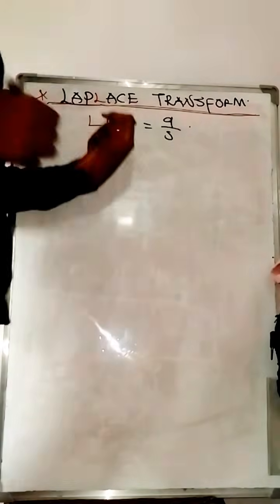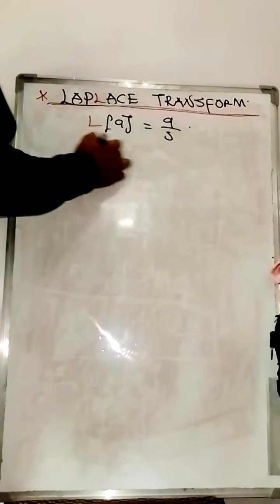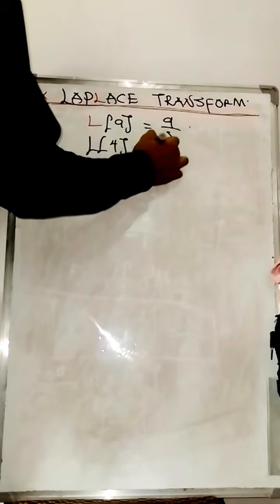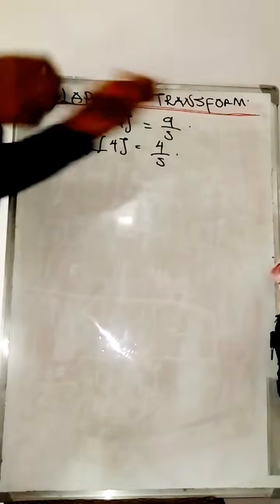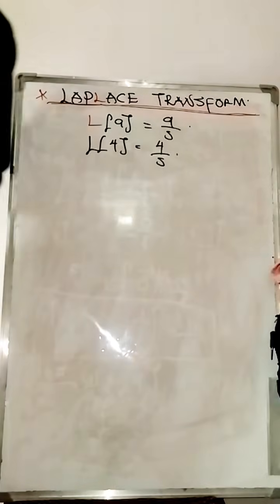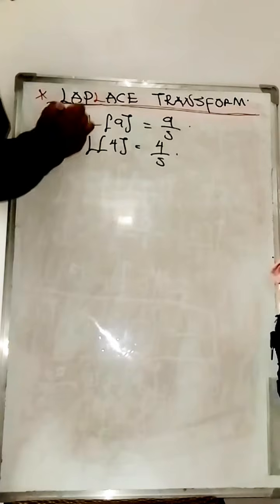A over S, where A is a constant. I gave an example and said the Laplace of 4 is equal to 4 over S. So this is one of the standard solutions to the Laplace of a constant we took in our last session. So let's call it 1.